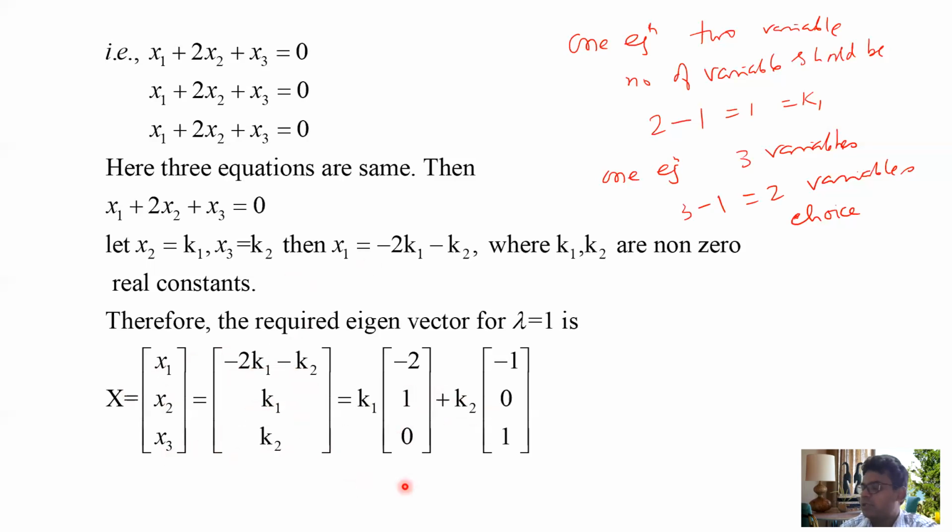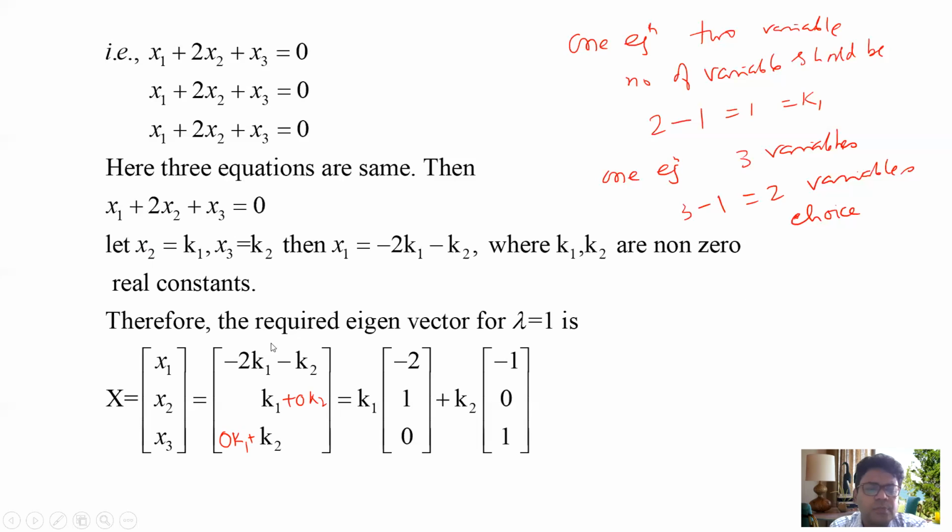Now try to understand how to rewrite this, very easy. Basically minus 2k1 minus k2, here you may write 0 k2. Here you may write 0 k1 plus this. Can you write? Yes.